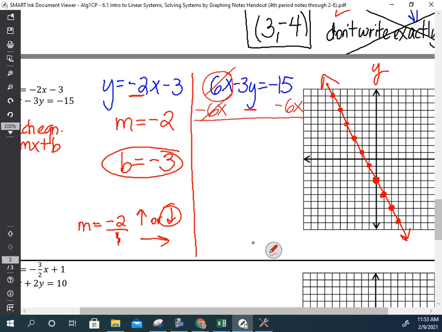So the 6x's drop out. You get negative 3y equals negative 6x minus 15. Now you divide everything by negative 3. So y equals positive 2x plus 5.